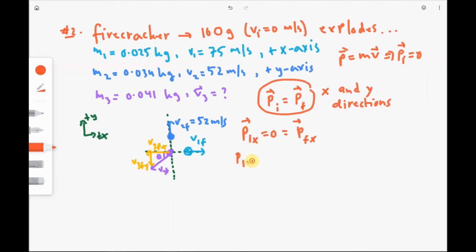Similarly, Piy was 0, so Pfy would also be 0. So that is our starting principle. Now let's go ahead and solve this problem using this.